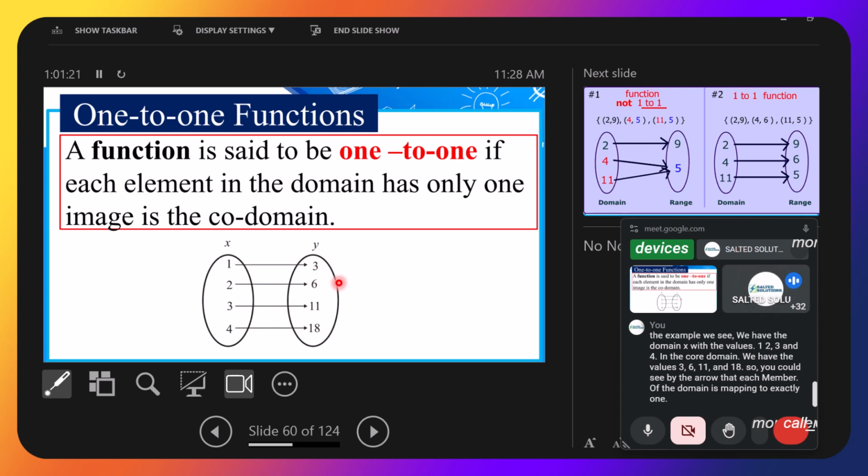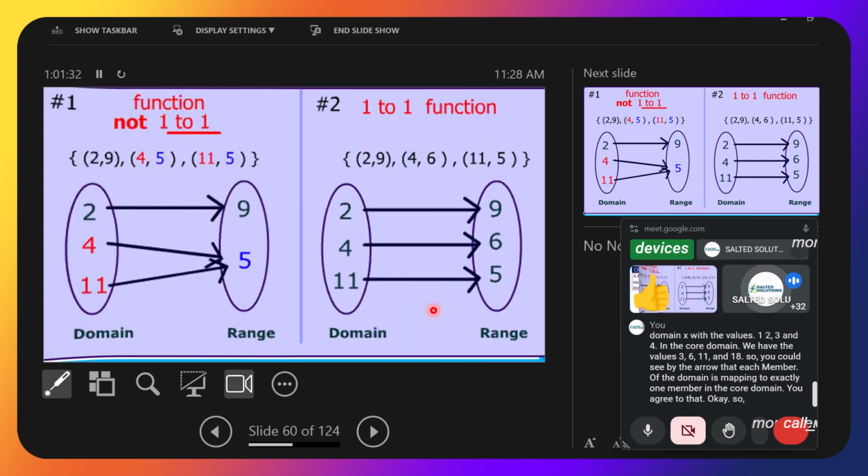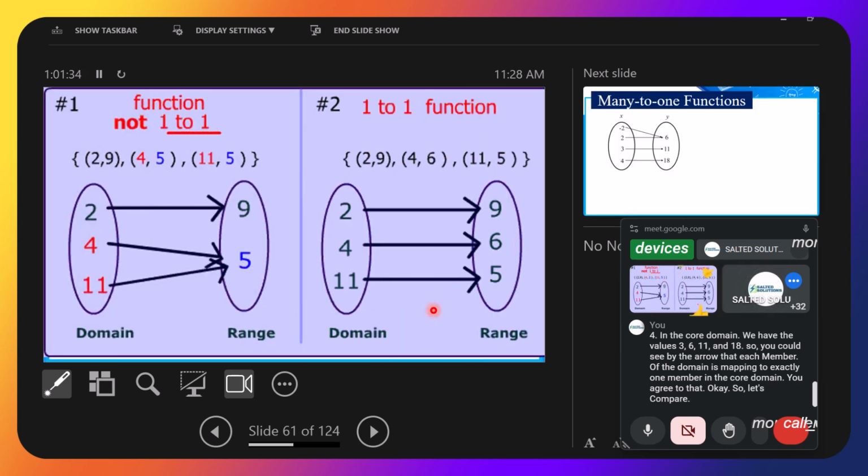Do you all agree to that? Yes, sir. Okay. So let's compare these two functions and examine them critically.